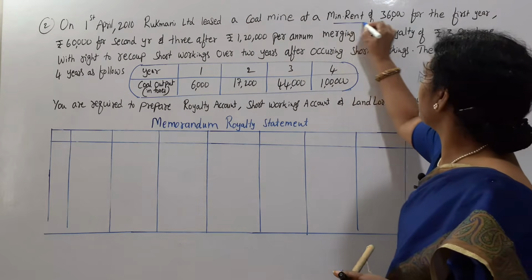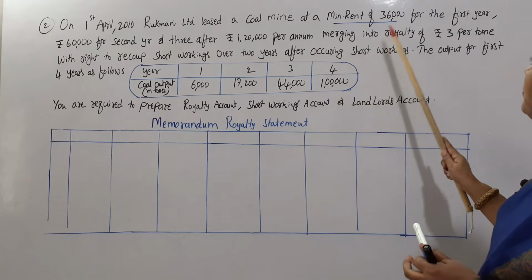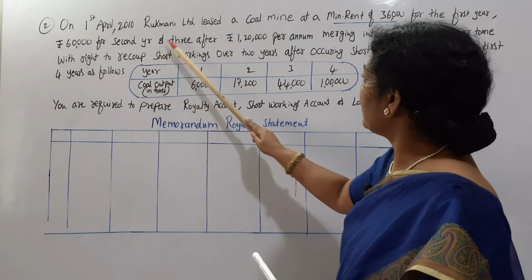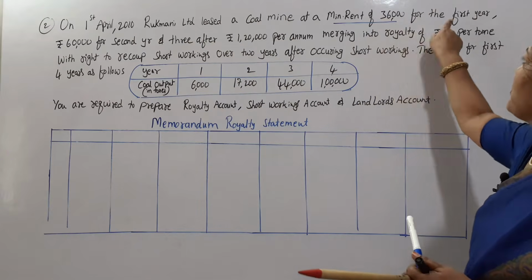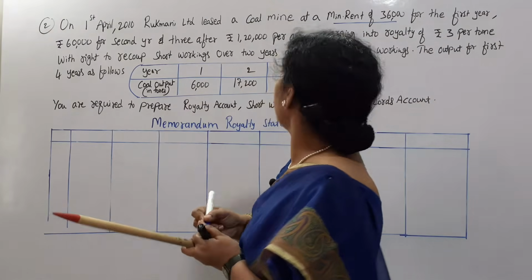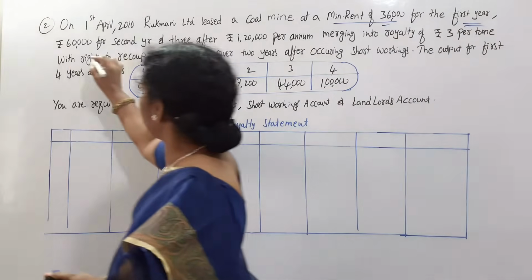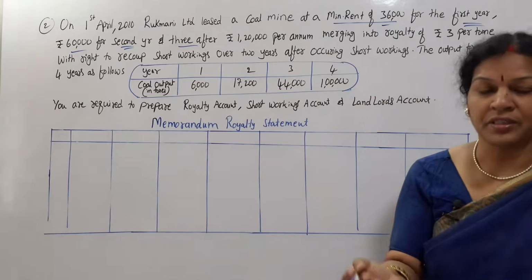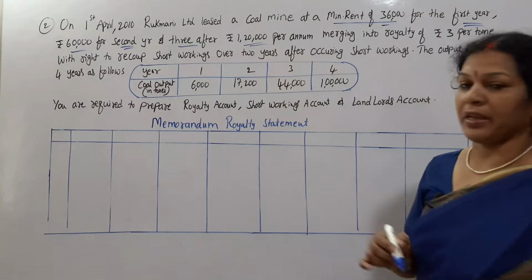Minimum rent is 36,000 for the first year, 60,000 for the second year, and from the third year onwards 1,20,000 per annum.